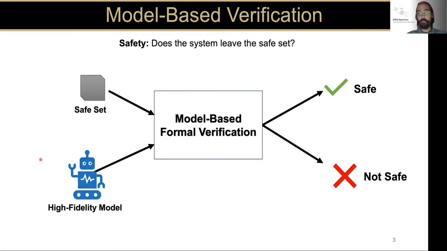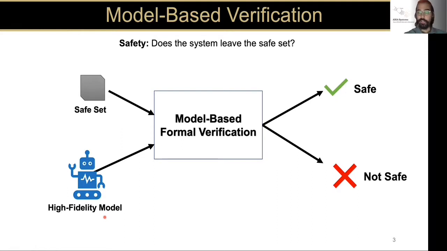So traditional model-based verification uses an abstraction of a high fidelity model and a safe set to do safe set reachability. In this scenario, we want to ask, will this system stay within the safe set over some period in the future?